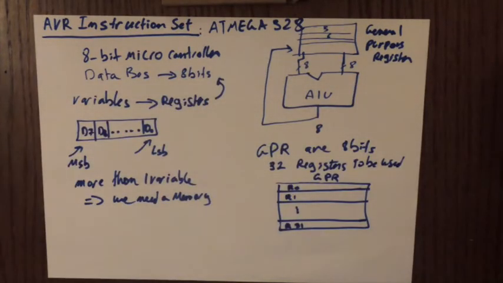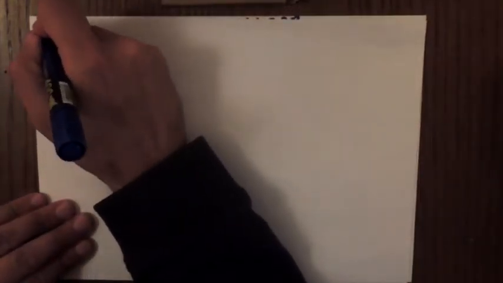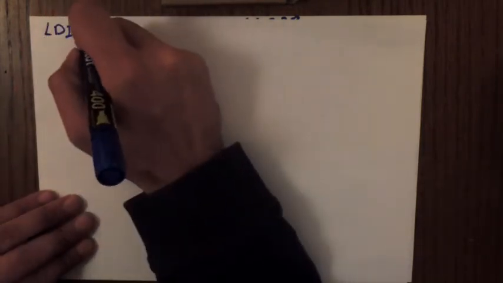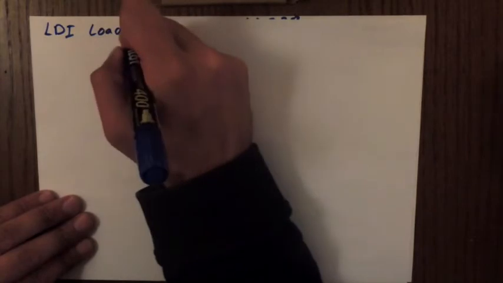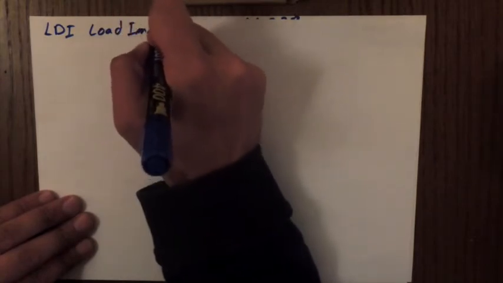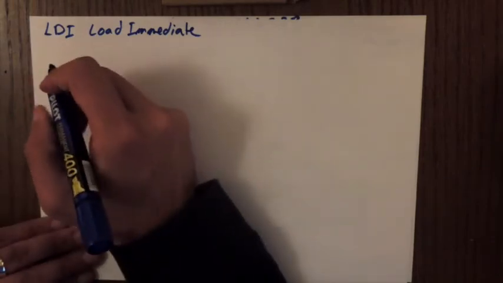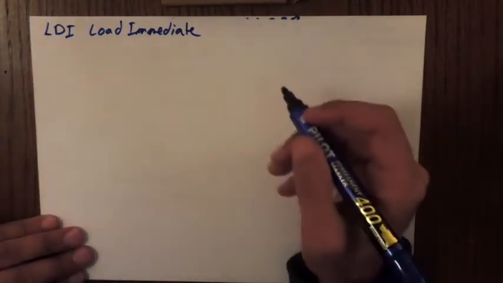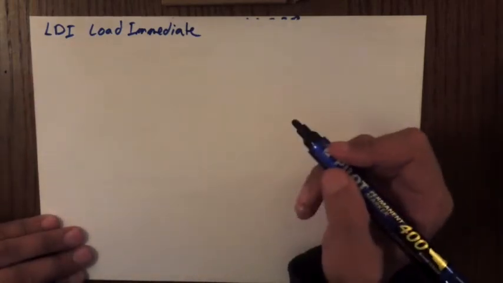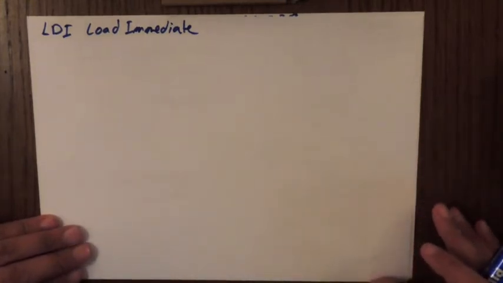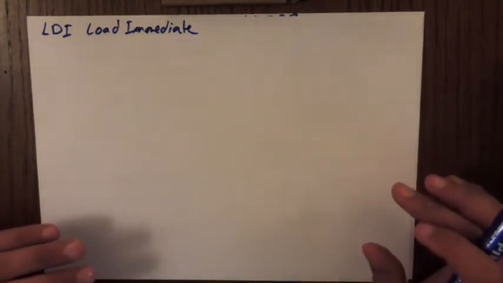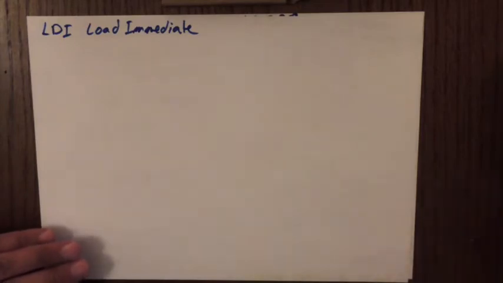So the LDI instruction, let me write this here. First instruction, LDI, which is load immediate. The LDI instruction is used to command the microcontroller to do a specific task, which is loading a constant into a GPR.